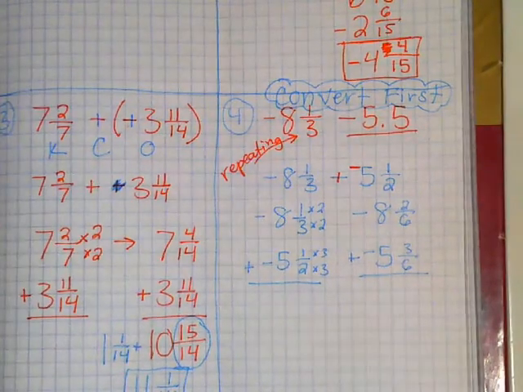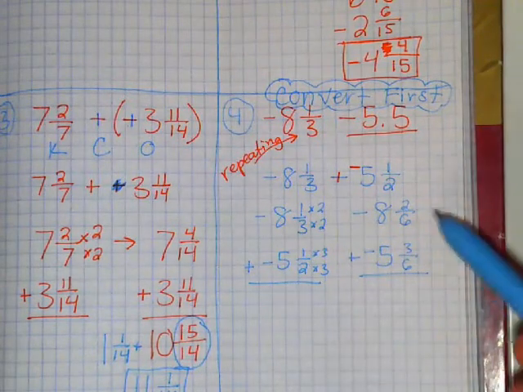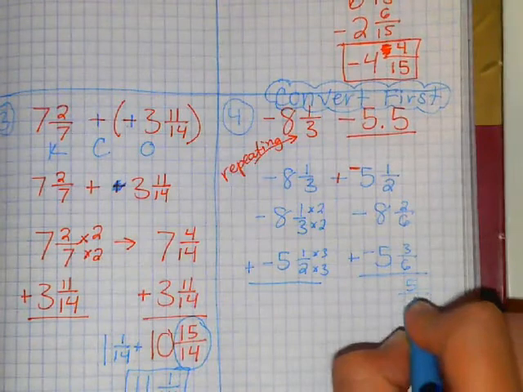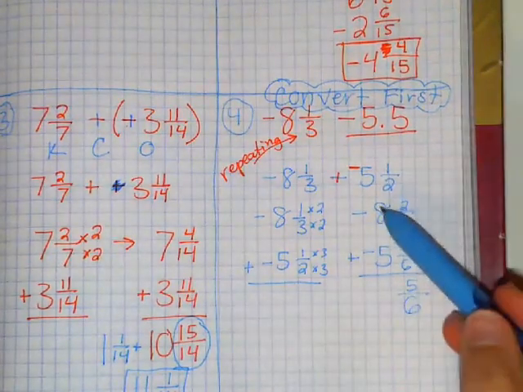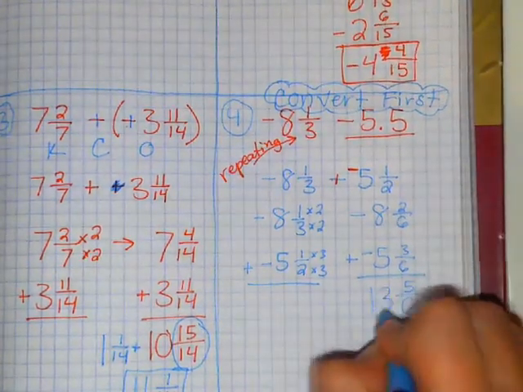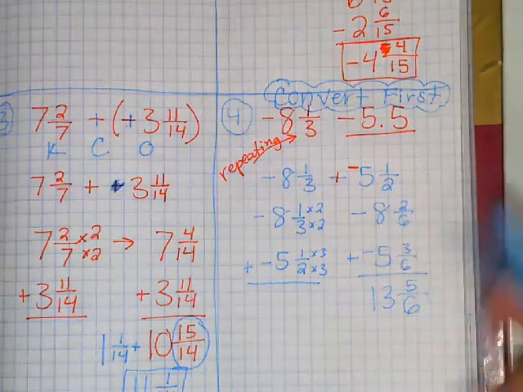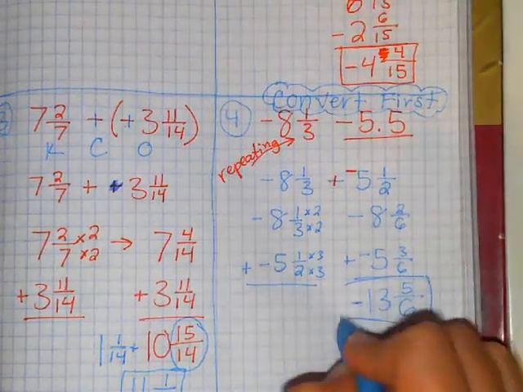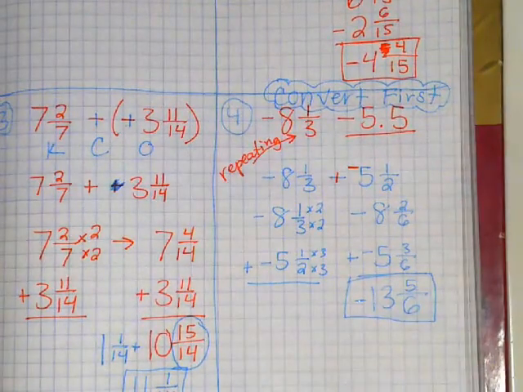Now I'm just adding. 2 plus 3 is 5. Keep my denominator of 6. 8 plus 5 is 13. They're both negative numbers, so I keep my negative sign. That is my final answer.